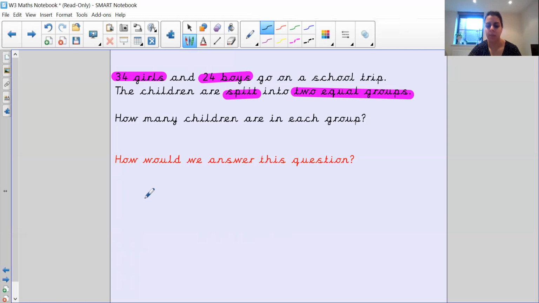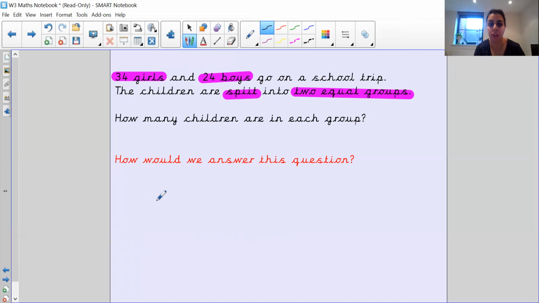Okay. It's quite difficult because it's 2 steps in this section. We need to see how many children we have got altogether. So you can add them up together and split it into equal groups, or you can share the girls and then share the boys. Either way is fine.